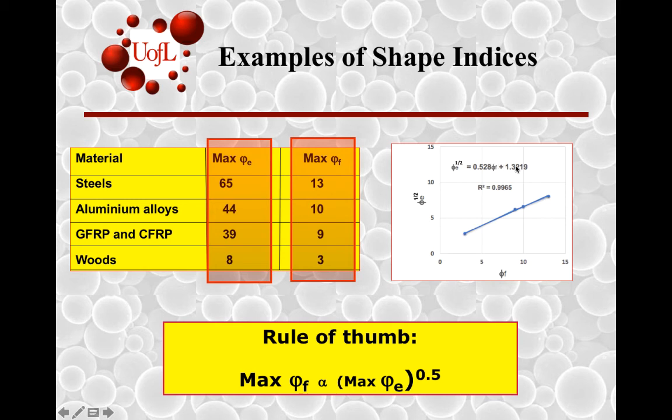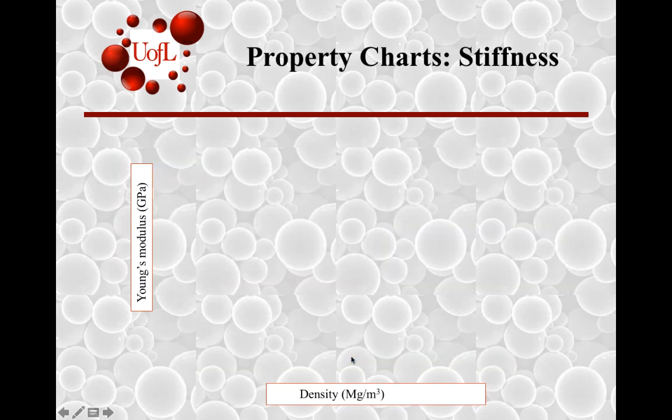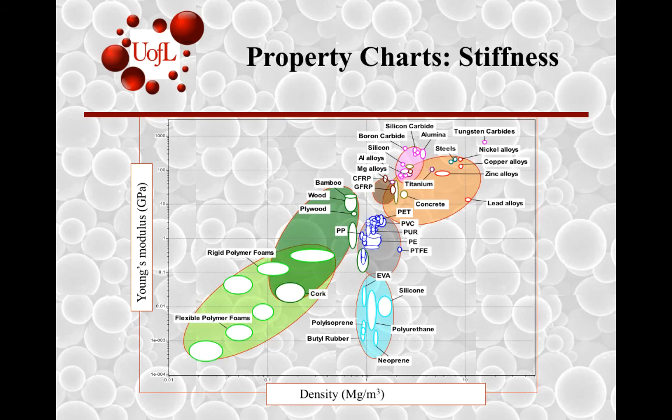It is just off by a couple of factors in terms of the intercept and the slope, but otherwise this proportionality is quite valid. We went ahead and then used this in the CES EduPack with these Ashby bubble charts. Here modulus versus density is provided with appropriate units, and you see that there are families of materials, foams over here, natural materials over here, elastomers over here, polymers over here, composites, ceramics, and metals, all clustering in certain regions.